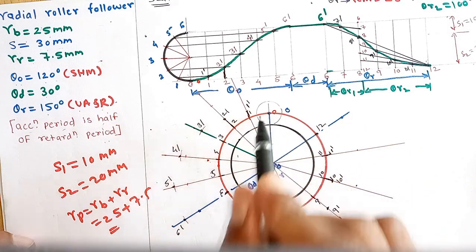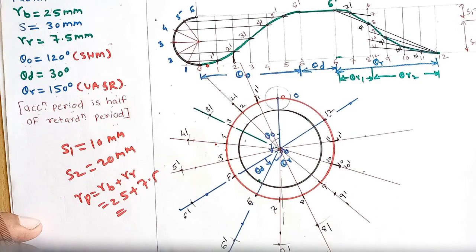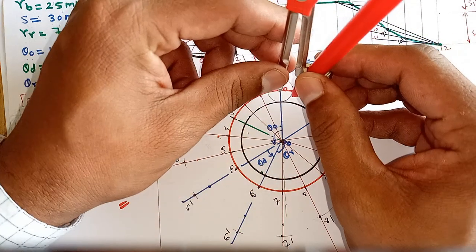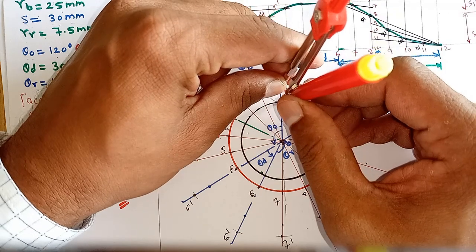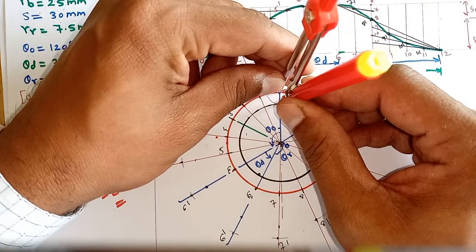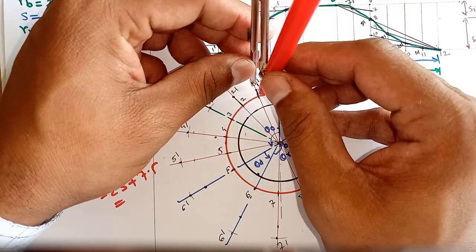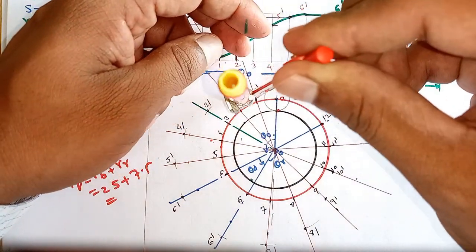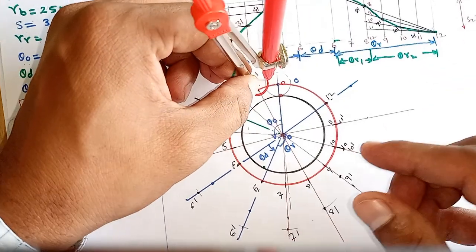This one is the center of the roller. So at all these instants we will draw the roller having a radius of 7.5 millimeters. So this is the radius of the roller. Instant number 1, this is the first roller.